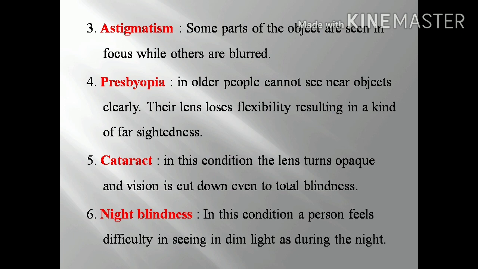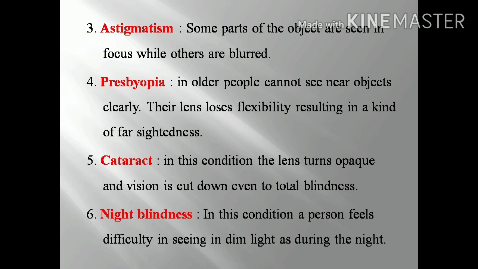Next, cataract. It is a condition in which the lens turns opaque and the vision is cut down even to total blindness. Here the lens turns opaque and sometimes they cannot see anything.